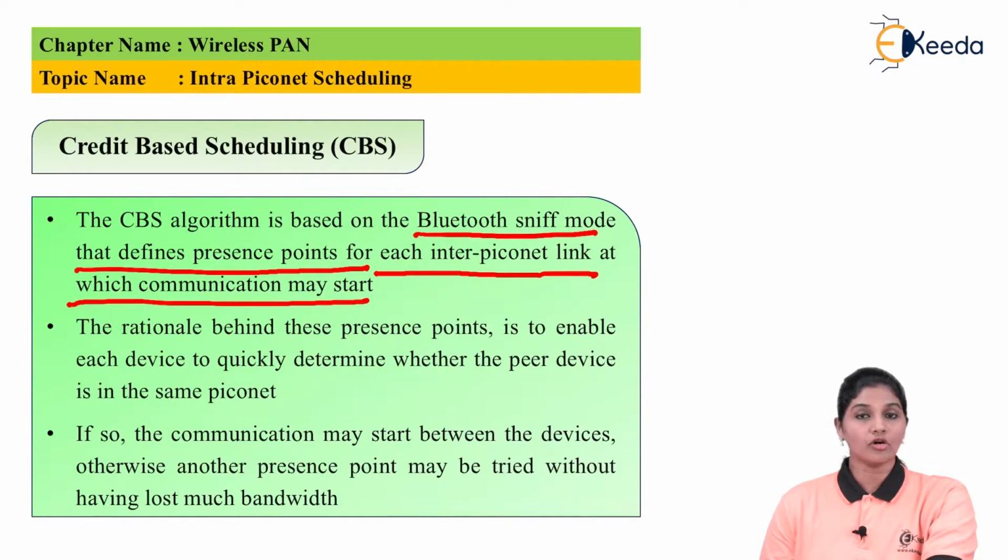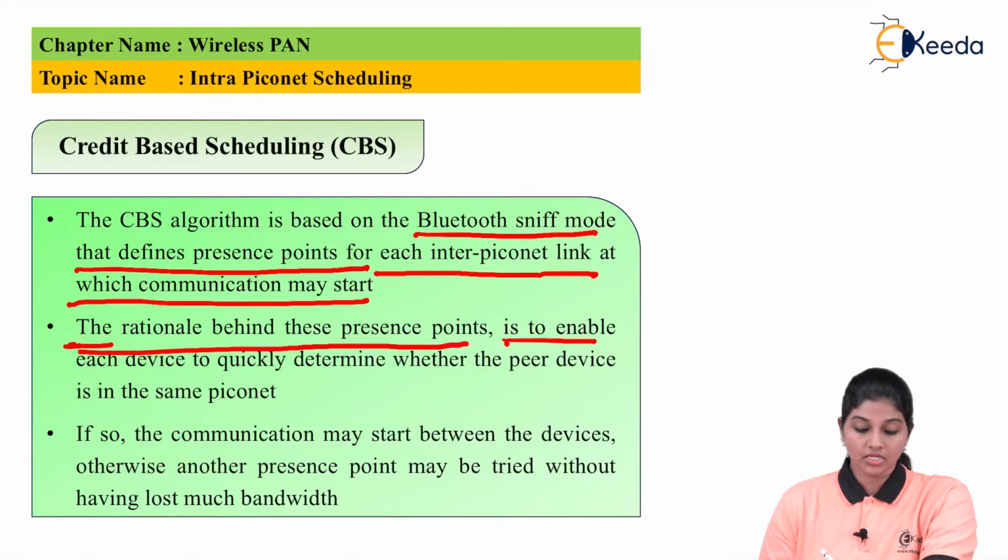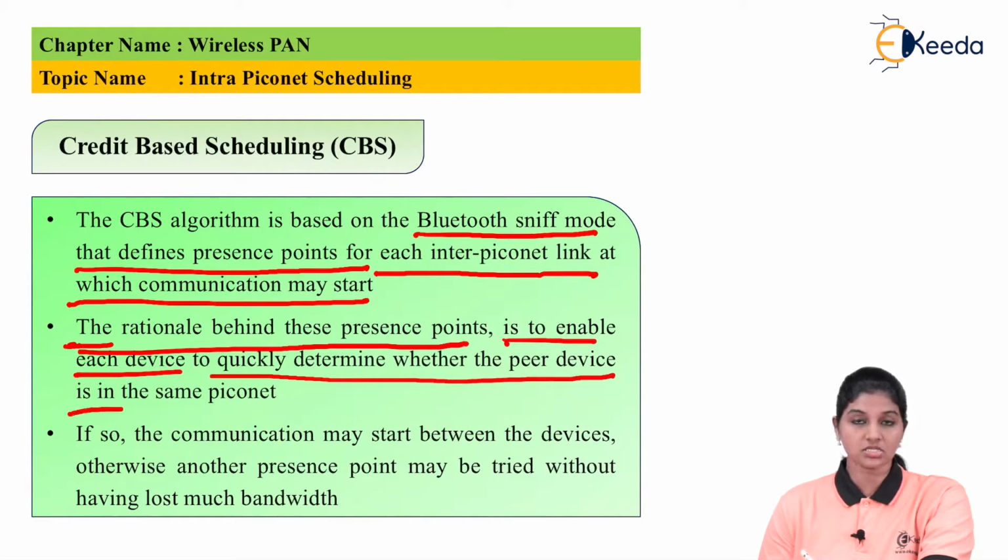So this type of algorithm, the credit-based scheduling, is basically used for the sniff mode of the Bluetooth device. The rationale behind this point is to enable each device to quickly determine whether the peer device is in the same Piconet. So in order to determine the presence of the device, this scheduling method is used.